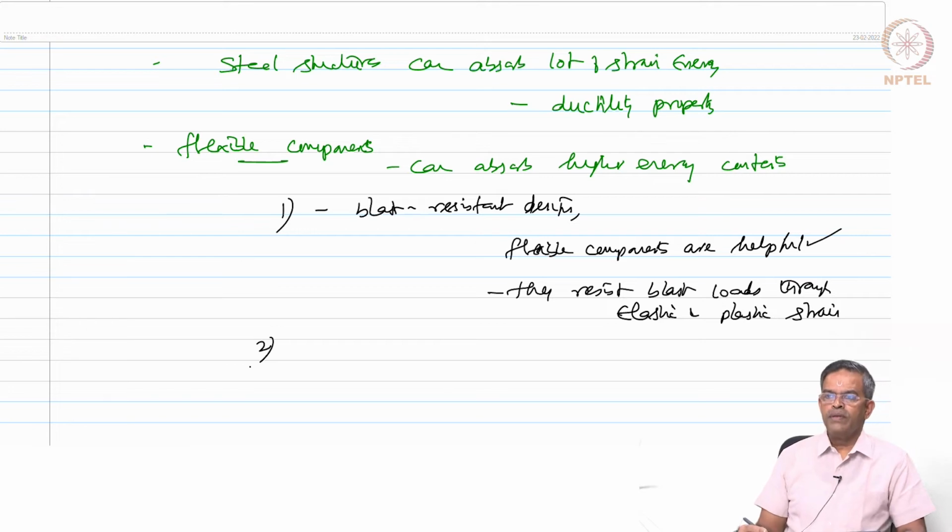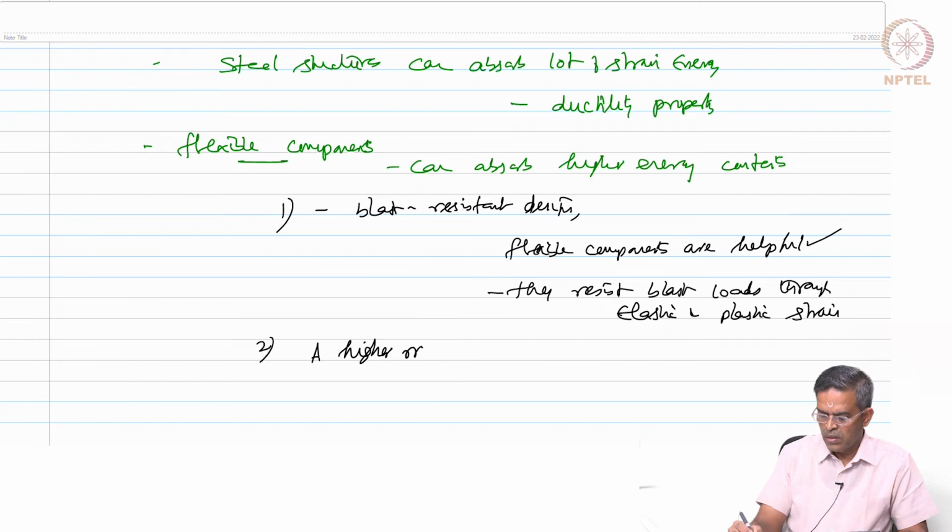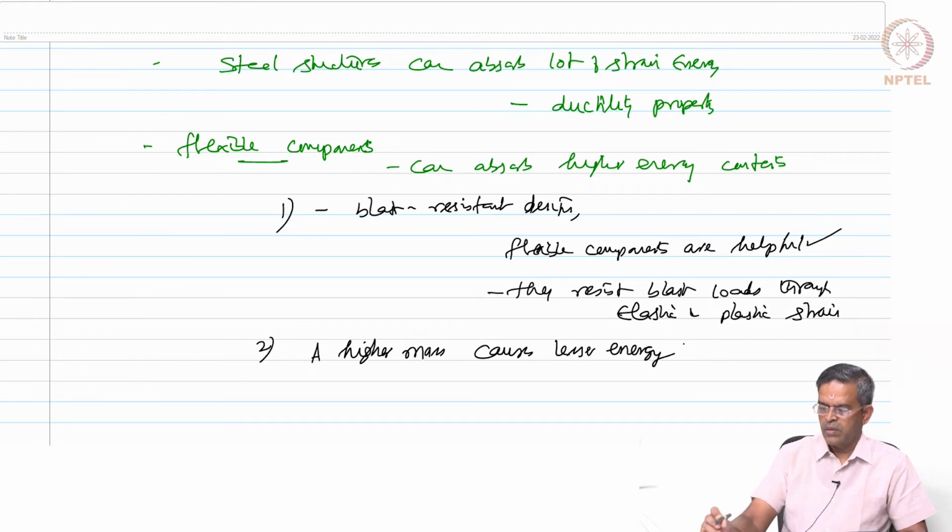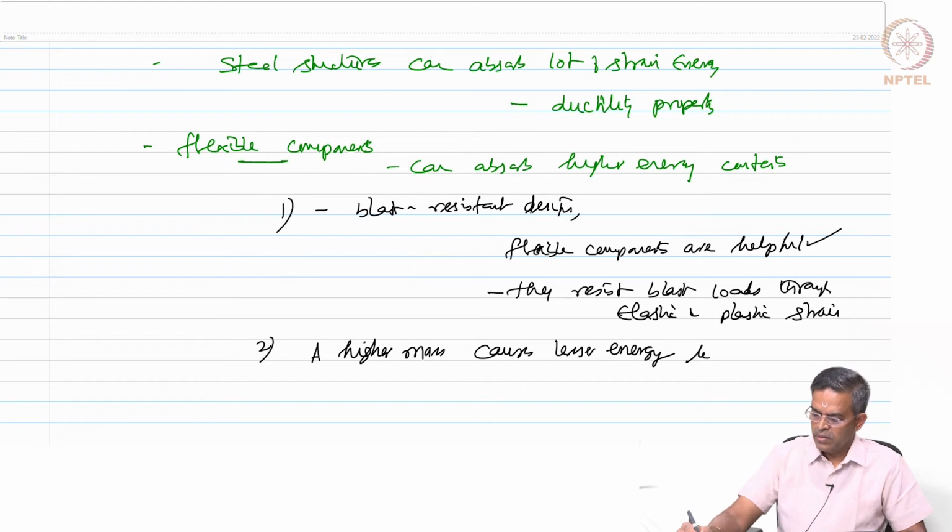Further, this is the first point here. The second point, a higher mass causes less energy to be imparted to the system.